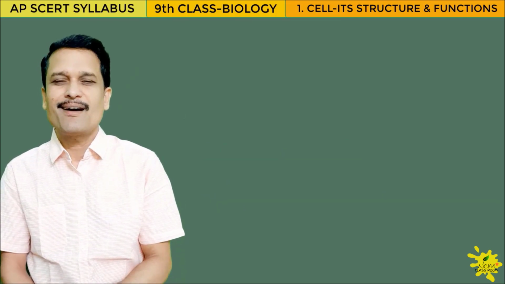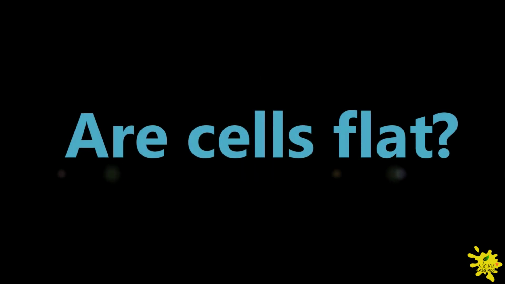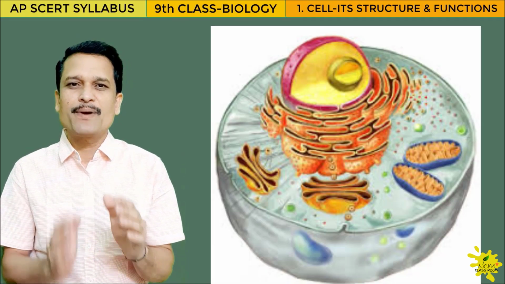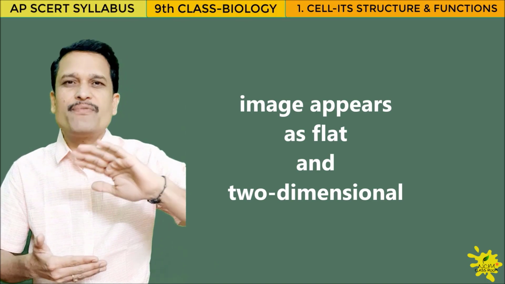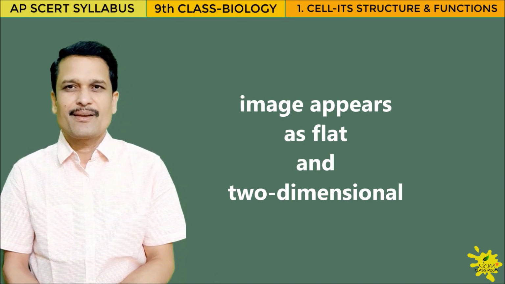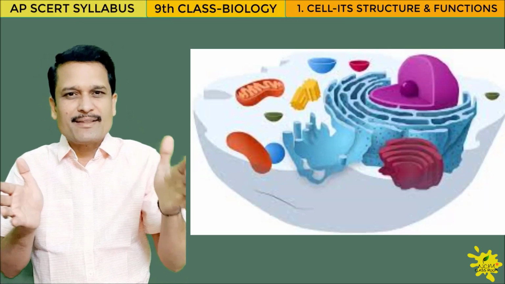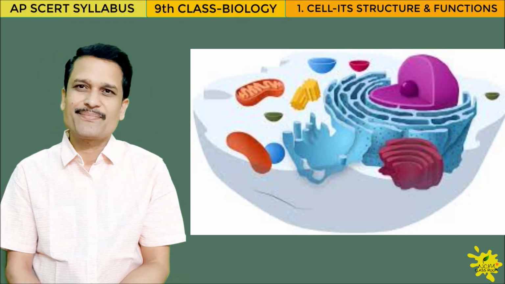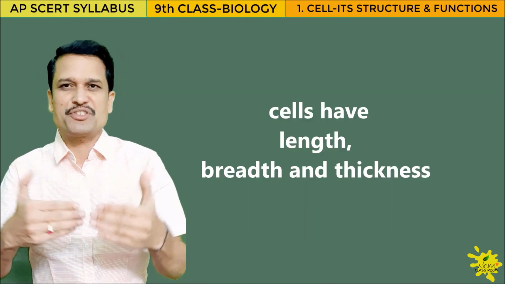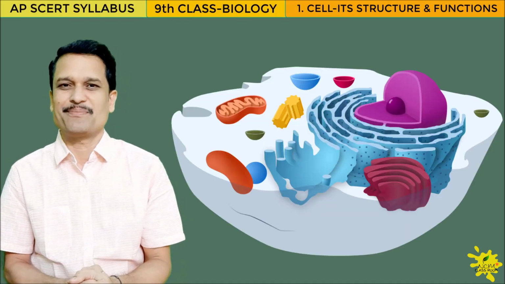Another topic: are cells flat? Let us see. Usually when cells are seen under a microscope, the image appears as a flat, two-dimensional structure. In reality, cells have length, breadth and thickness. We can easily see the length and breadth in two dimensions, but cannot see the thickness of the cell under the microscope.